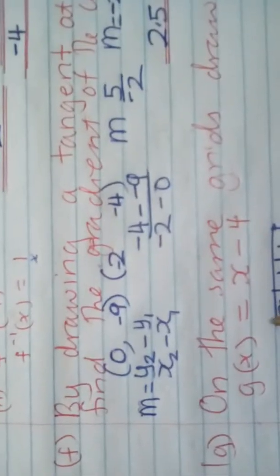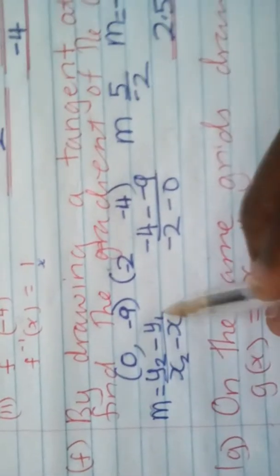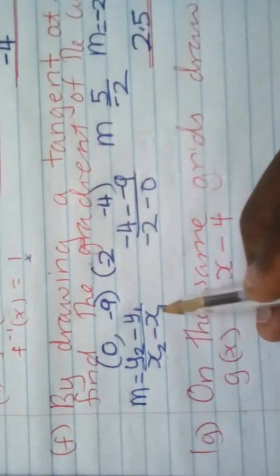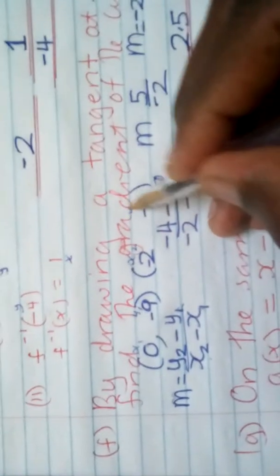Then after getting the 2 points from the tangent, I will go ahead to use the normal formula for finding the gradient. That is y2 minus y1 over x2 minus x1. I will take this as my x1, y1, x2, y2.